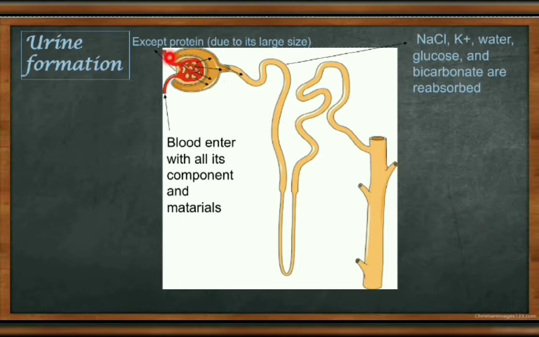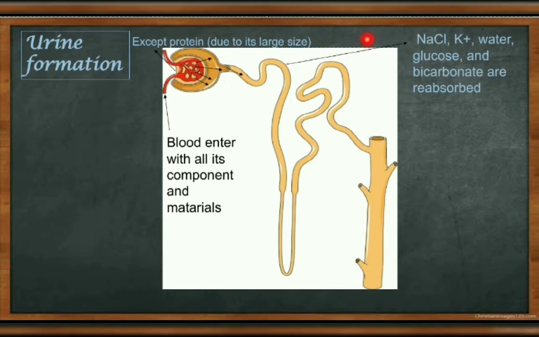Now you see that this one is the afferent artery. If we draw this afferent artery, it will go from here to here, and it will go from there. Again, you see this afferent artery, it will be drawn from here to here and here.